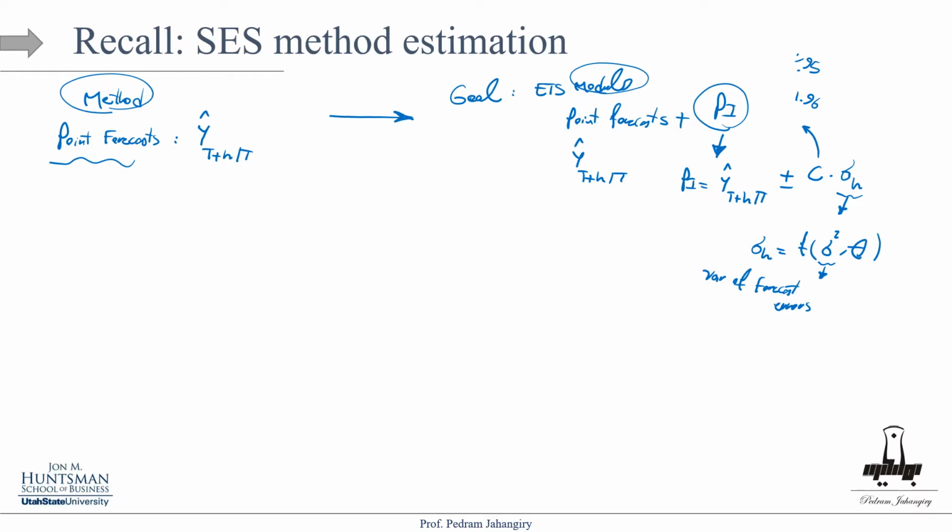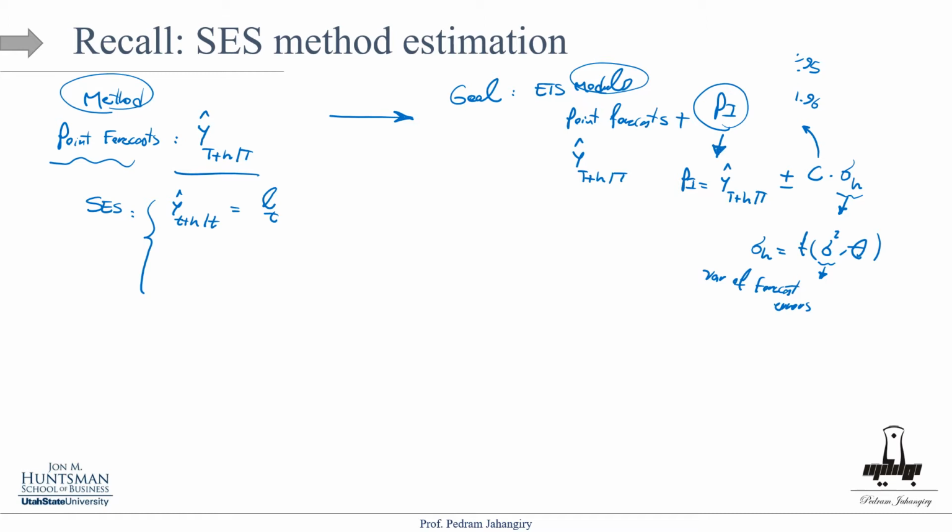Okay, now going back to our SES. What did we have? We said a simple exponential smoothing model, with our forecasting equation. We showed y hat t plus h given t was equal to some level. At the end of the day, SES is simply coming up with a level. What is that level?